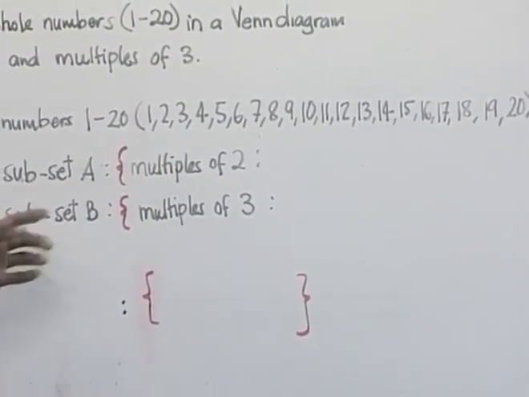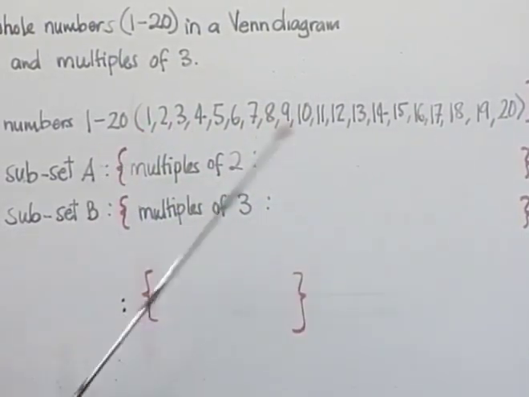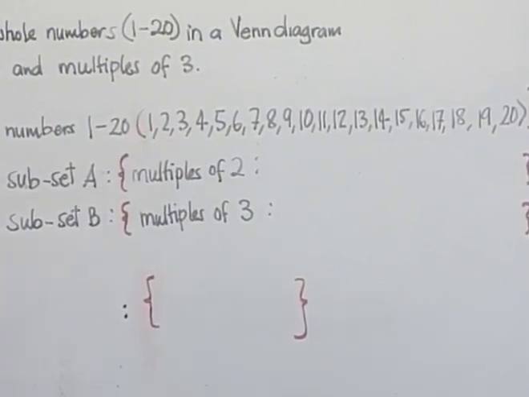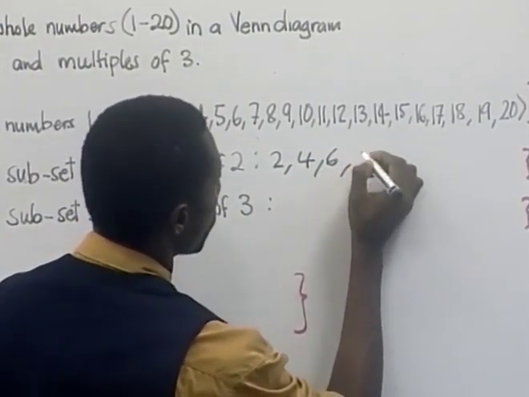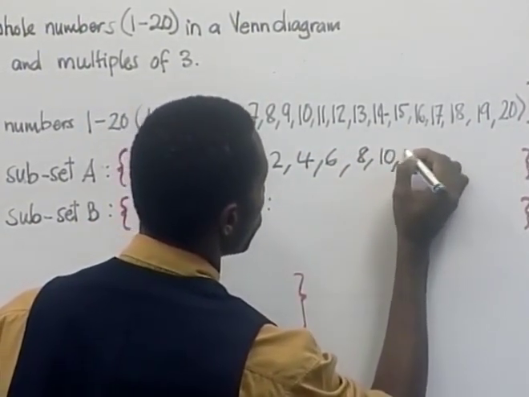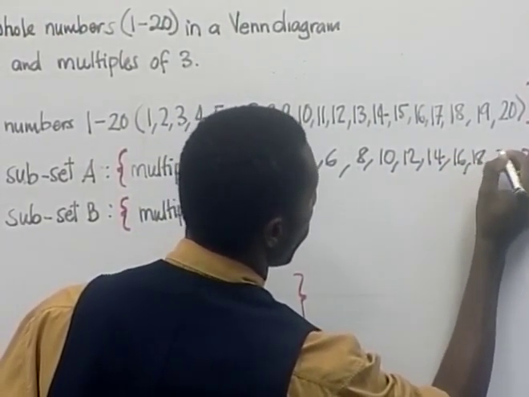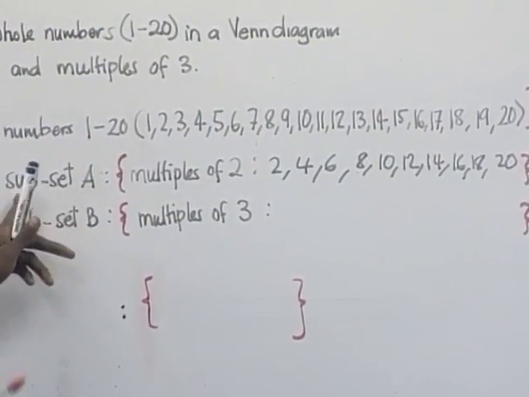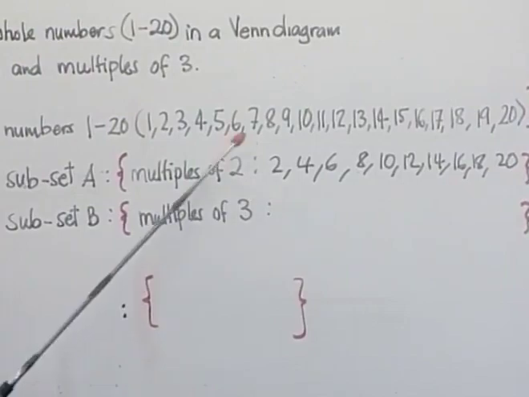Now, let us identify which numbers from 1 to 20 are multiples of 2. Okay? 2, 4, 6, 8, 10, 12, and 20. So, subset A is the multiples of 2, and these are all multiples of 2.